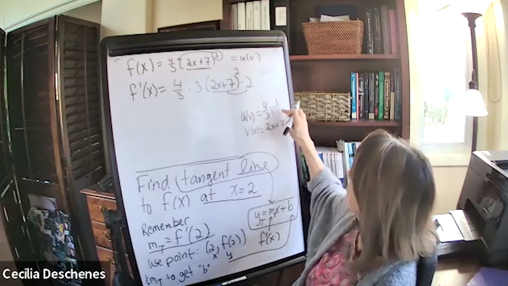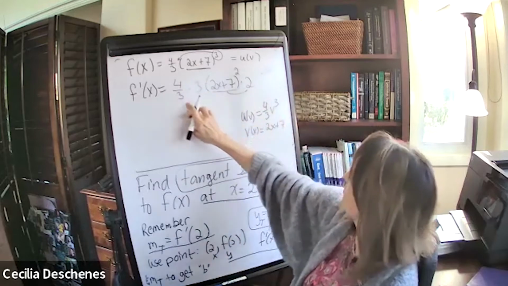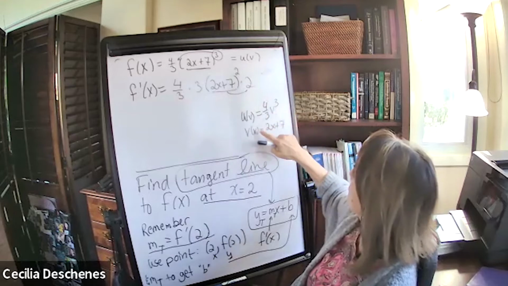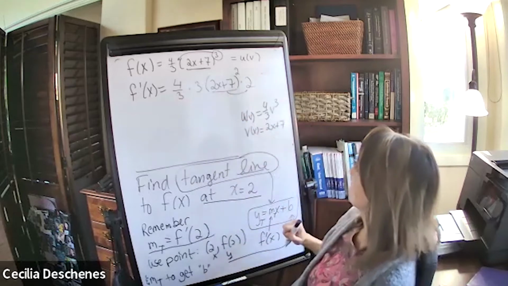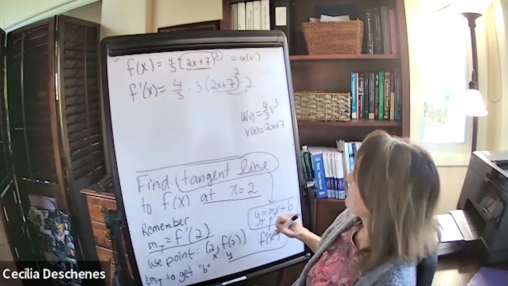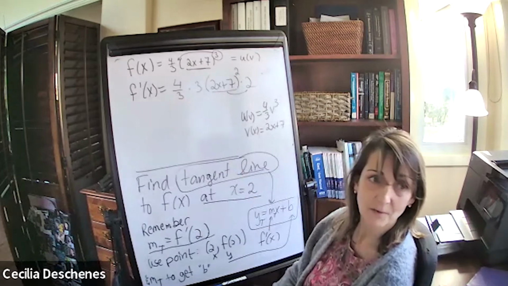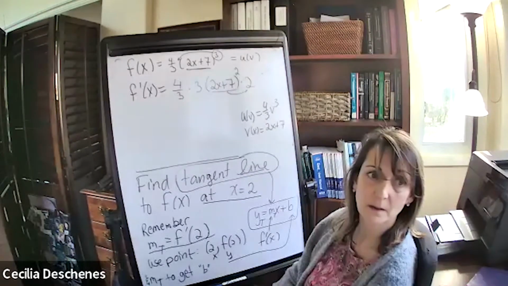So we take the derivative of the outer function, that's 4/3 times 3v squared, and then multiply by the derivative of v, which is just 2. Any questions on that, or should I start simplifying things?